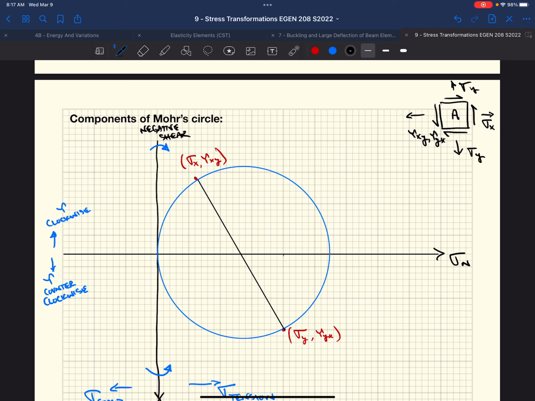All right, so if we looked at this, tau yx. We're going to have some radius r, and then we'd have another component there that gives us our horizontal distance.